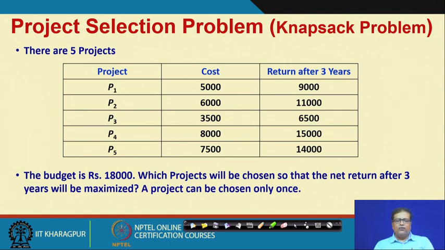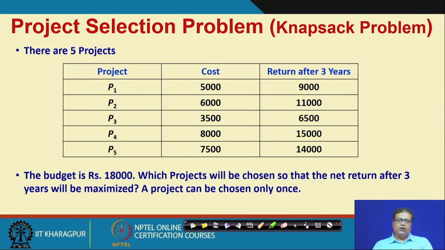There are 5 projects, as we discussed in the previous class, the costs are given and the return after 3 years is also given. If our purse, that is the budget, is 18,000 rupees, which projects will be chosen so that the net return after 3 years will be maximized? A project can be chosen only once.